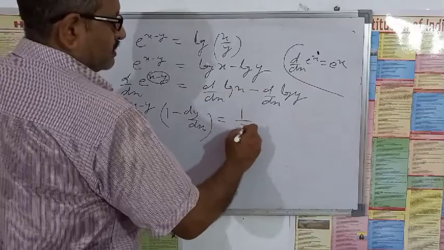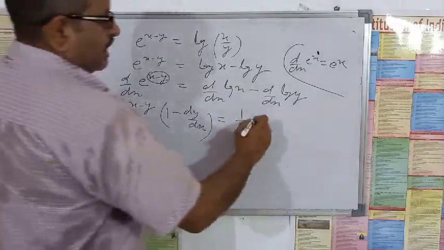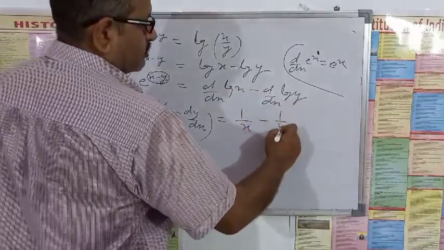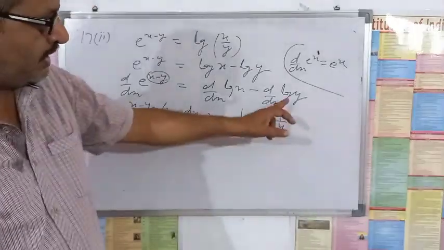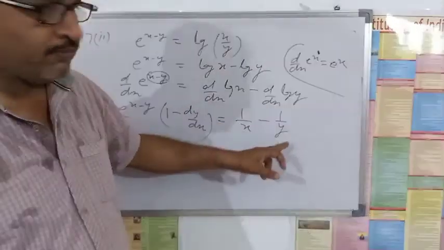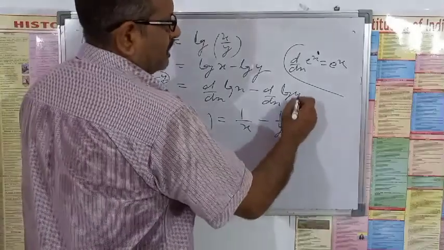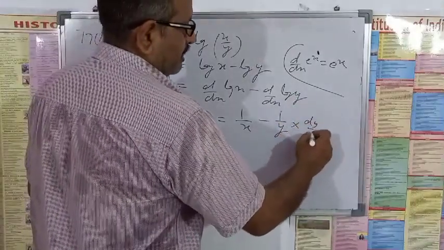Derivative of log x is 1 by x. Derivative of log y we will write as 1 upon y, and then again differentiate y, so dy by dx.